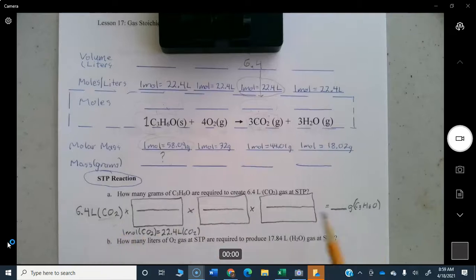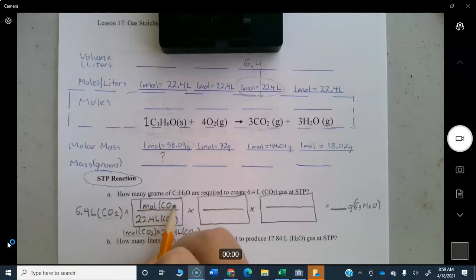The final answer is going to be grams of C3H6O. So this one has to go on the bottom here, 22.4, and the other one goes on the top. So liters of CO2 cancels with liters of CO2.